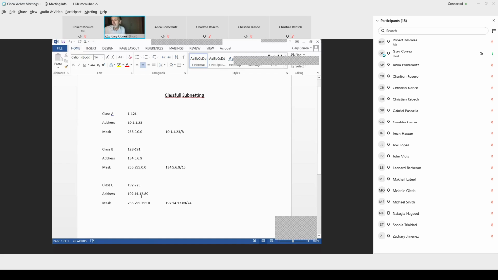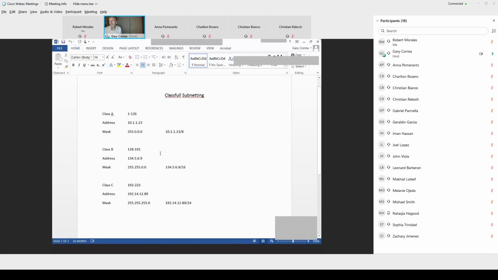That means the first three bytes have to be the same, because the first three numbers are under the ones. So as long as you're 192.14.12, you could be .40, you could be .89, you could be .70, but you all have to be 192.14.12. Why? Because the numbers under the ones, there are three 255s. So class A is one 255, class B is two 255s, and class C is three 255s.